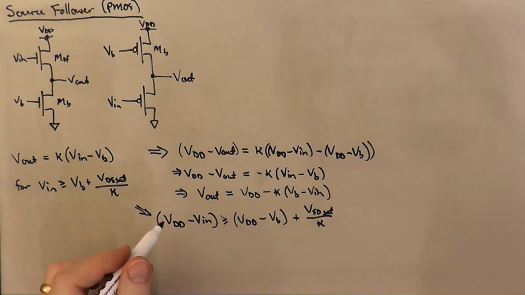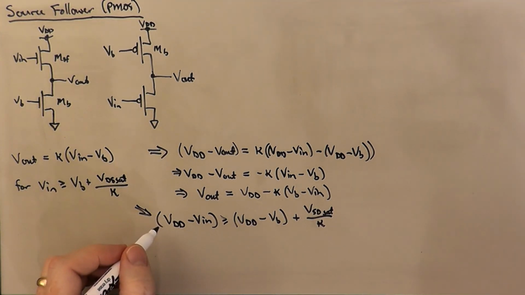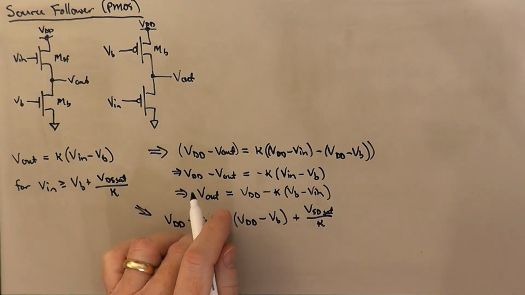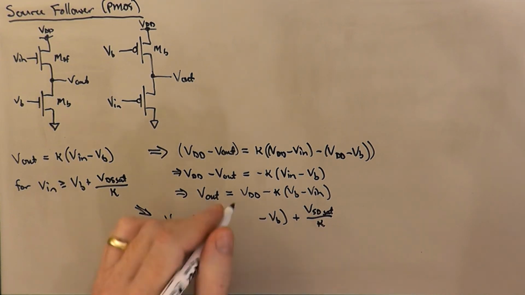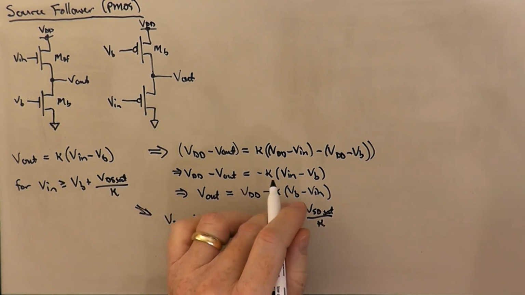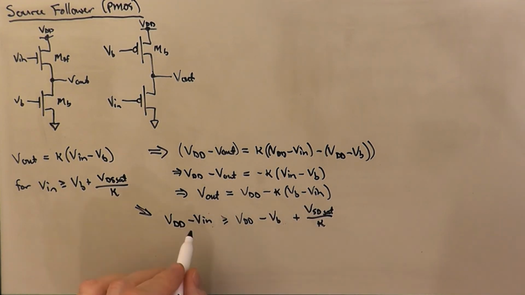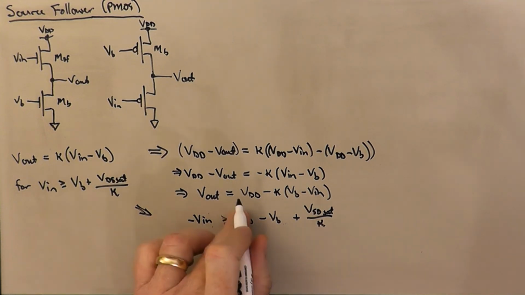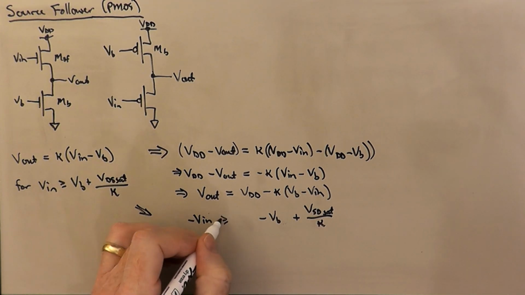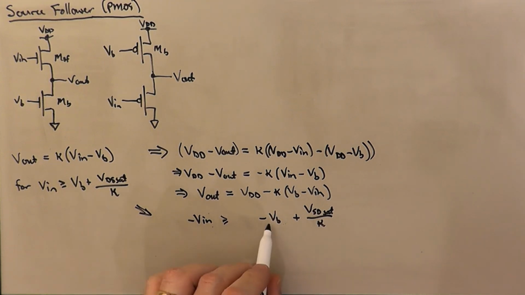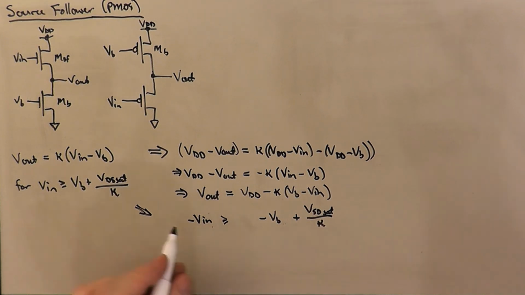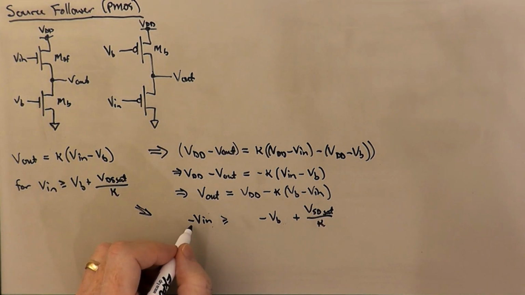Something interesting happens here, though. If you'll notice, if we drop the parentheses, which we can do here, we'll have a common VDD that we can subtract from both sides of this inequality. And that makes these go away. And we have minus Vn greater than or equal to minus Vb plus VSD sat over kappa. Well, what we would like is to have this minus sign go away.